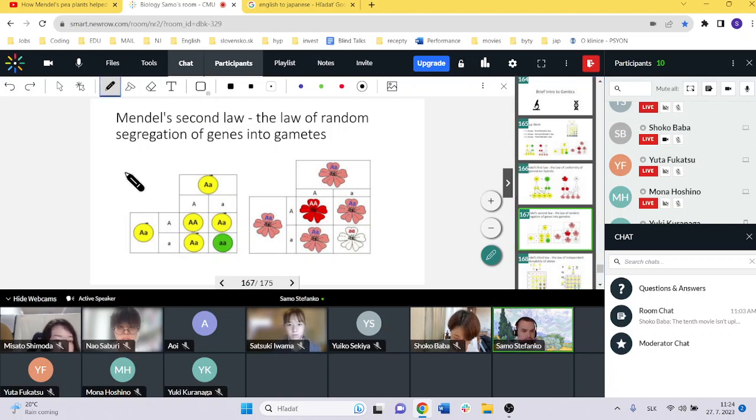So, on the left side, we have complete dominance between alleles. On the right side, we have incomplete dominance between alleles.